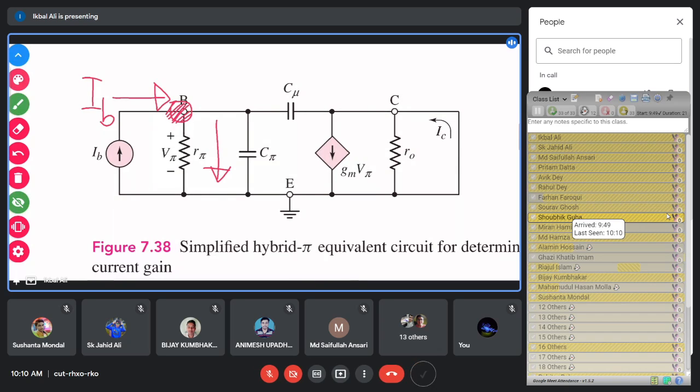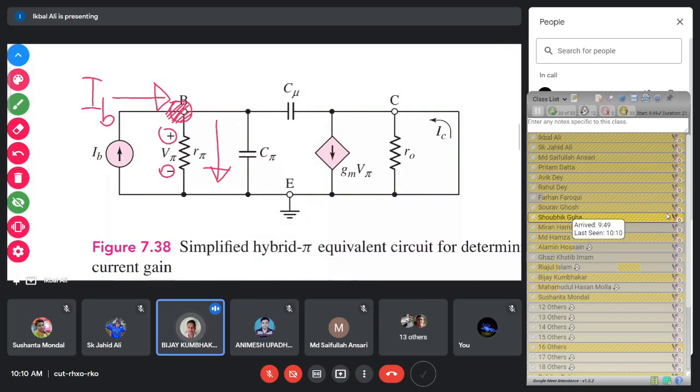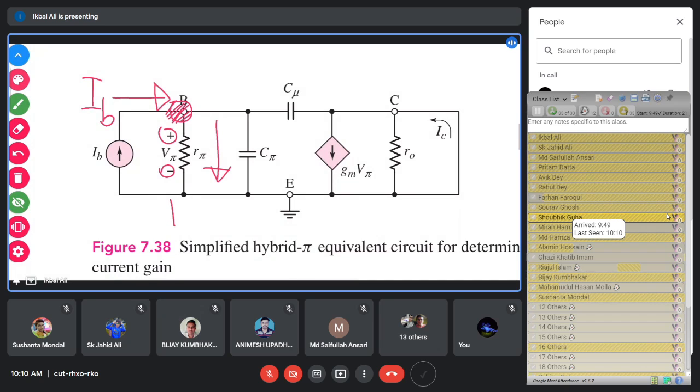You see that this is the plus terminal of V pi, and this is the minus terminal of the voltage developed across this resistance. So the voltage across the resistance R pi is V pi. Then what is the current flowing through it? It will be V pi by R pi. So this is the current flowing through the second branch.